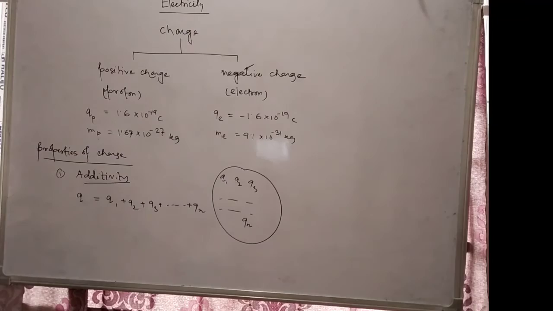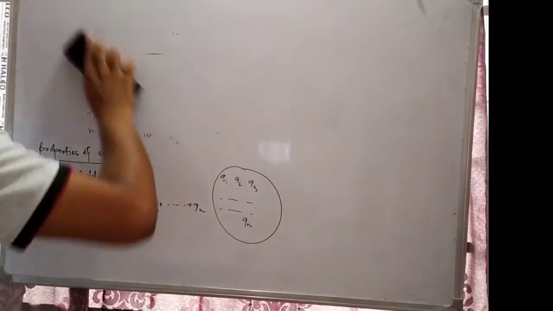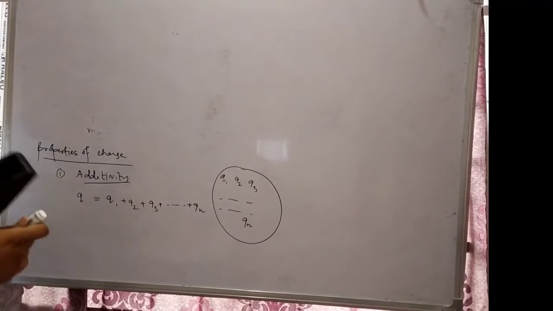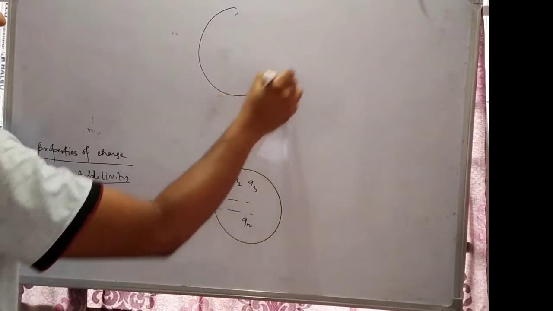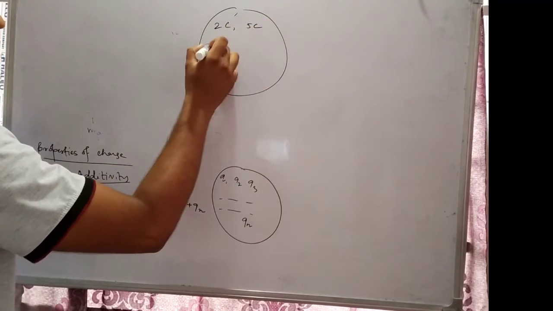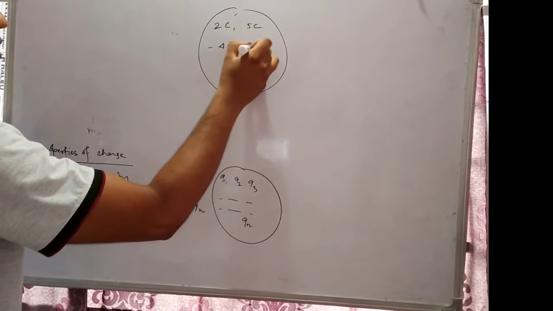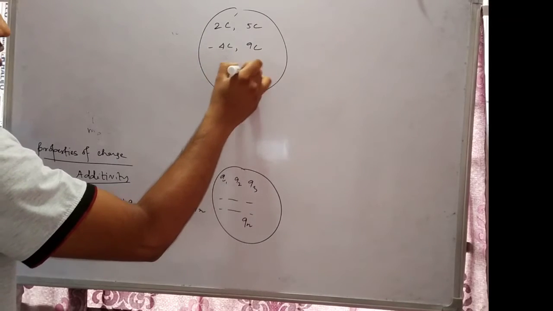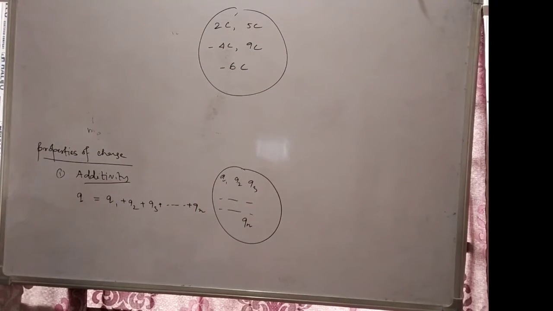Suppose we consider a system where a few charges are there, like 2 coulomb, 5 coulomb, minus 4 coulomb, 9 coulomb, minus 6 coulomb. Suppose these 5 charges are there.